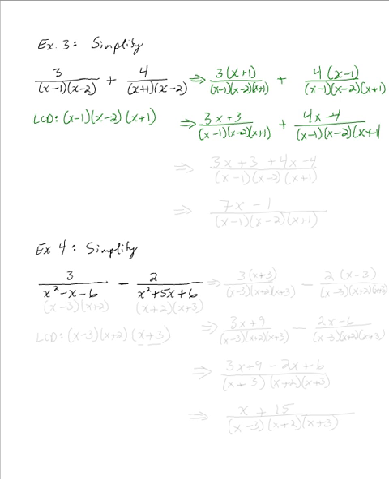And now since it's addition, I'll write 3x plus 3 plus 4x minus 4 over the denominator. And simplifying the numerator gives me 7x minus 1 over the common denominator, x minus 1 by x minus 2 by x plus 1.